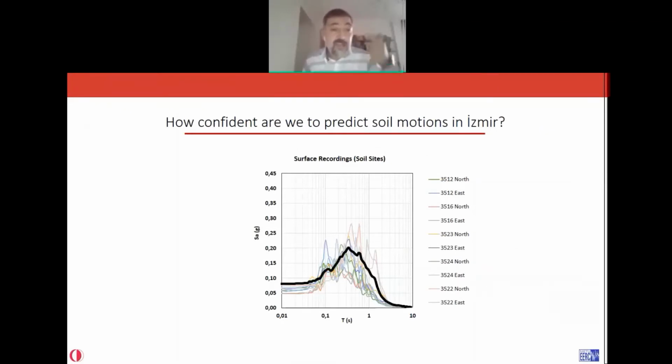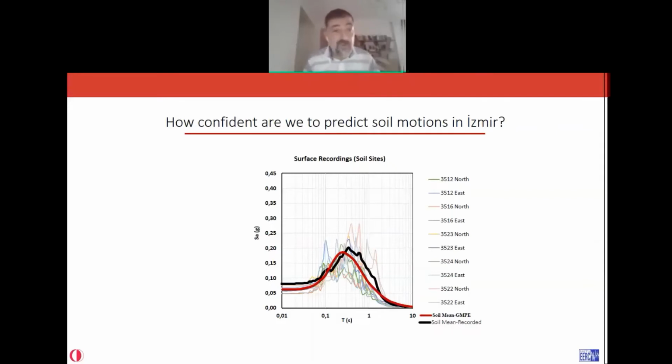Thank you, Makbule. Again, a comparison of soil sites in Izmir Bay, average of them, and comparison with ground motion prediction equations. On average, ground motion prediction equations are not very off, but you saw that individually, if you look at the individual records, the scatter is significant, and especially site effects.